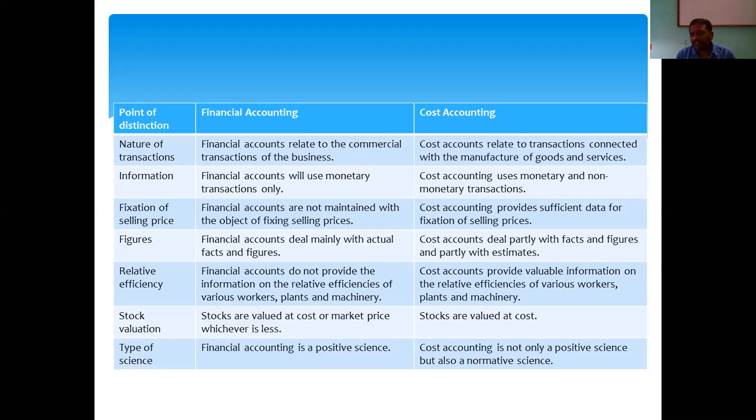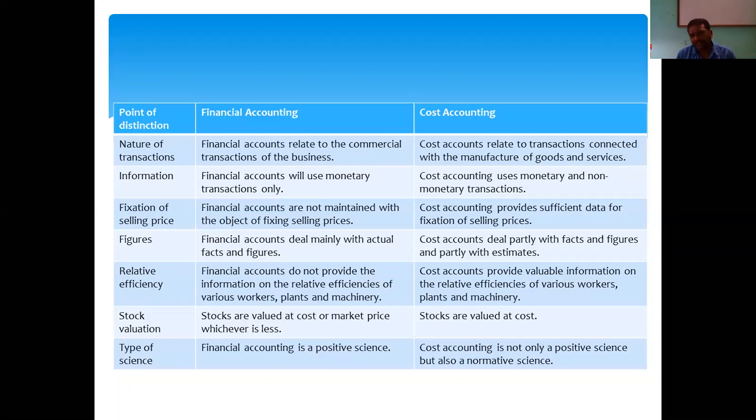So the cost accounting provides sufficient data for fixation of the selling price. So we are going to know what is the total cost of a product, and apart from that we are going to add the profit, and we are able to fix the selling price for the products.